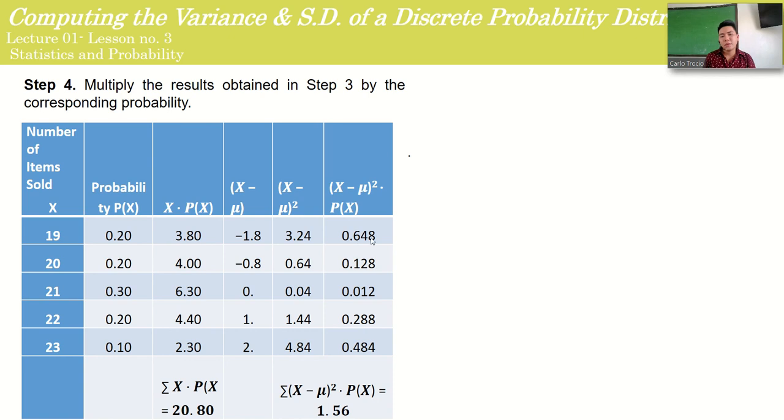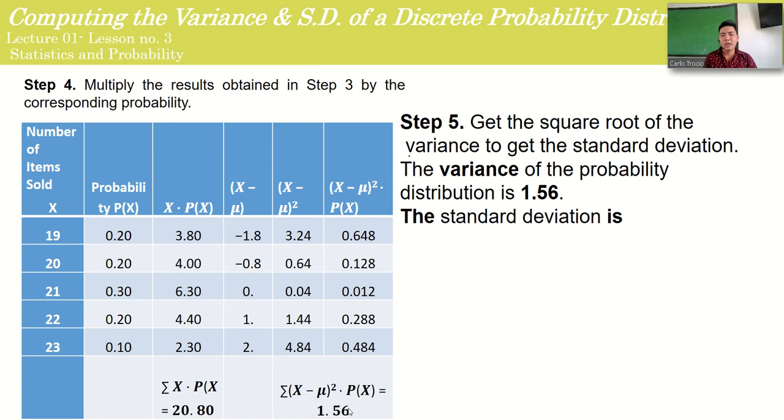So you have 0.648 plus this and this and this and so on. So you will have 1.56. This time, this is now your variance. Your variance is 1.56. And then your standard deviation is the square root of the variance.